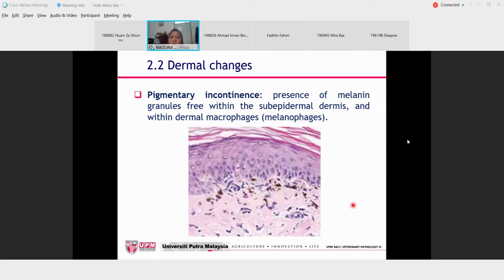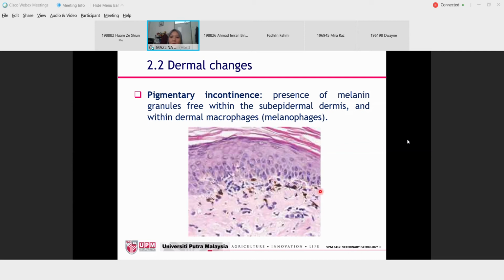This is also a change that you might see in the dermis. Remember, as I mentioned before, the melanocytes are usually at the stratum basale. Sometimes when there is injury to the skin, there might be accidental release of these melanin pigment granules into the underlying dermis.